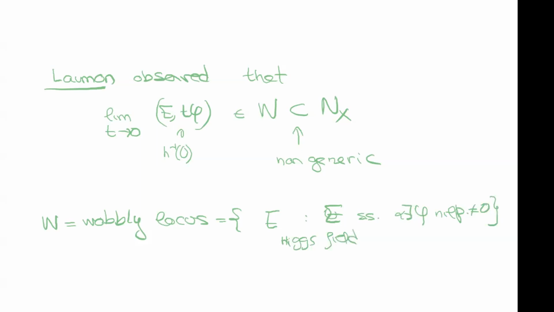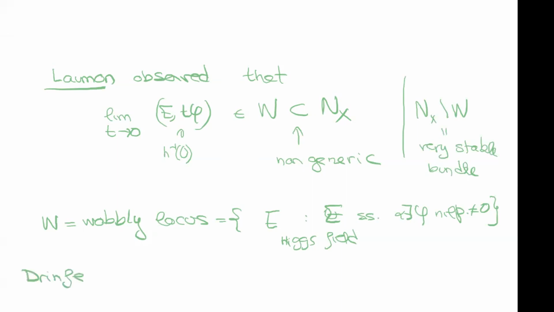So in fact, Laumon was interested more in the complement, which are the famous very stable bundles. So these define a dense open subset inside the moduli space, so they capture a lot of its geometry. But W is interesting in its own right.